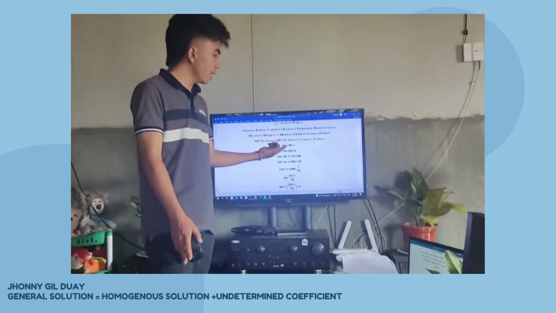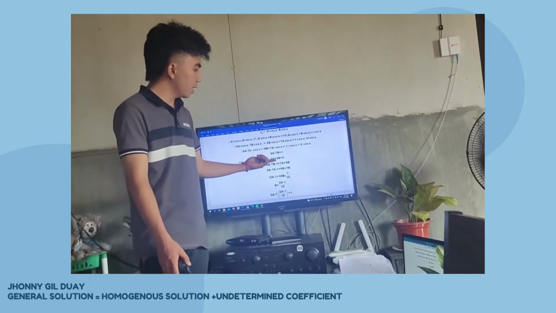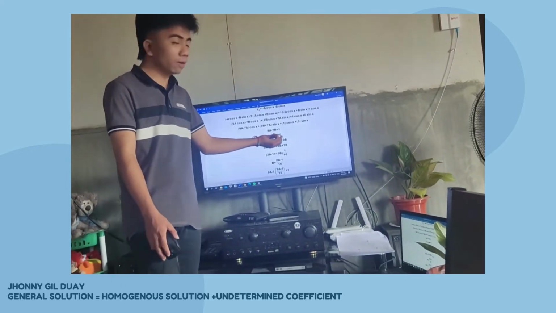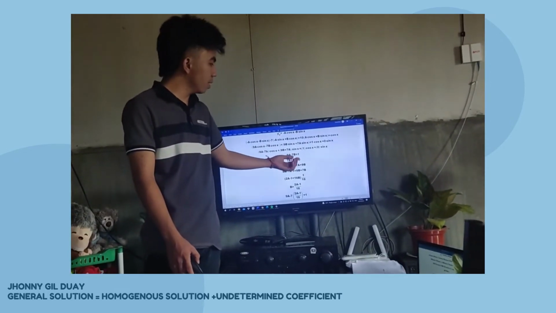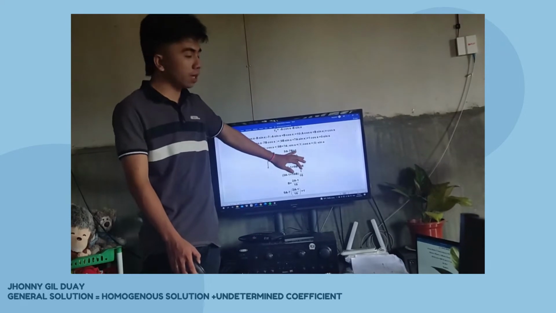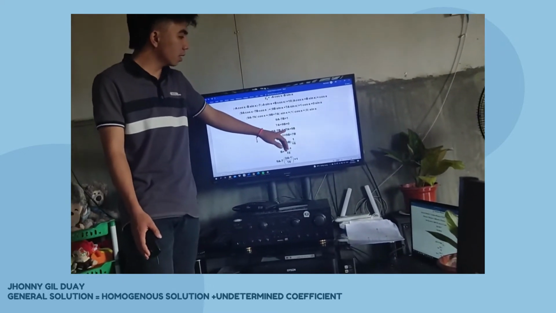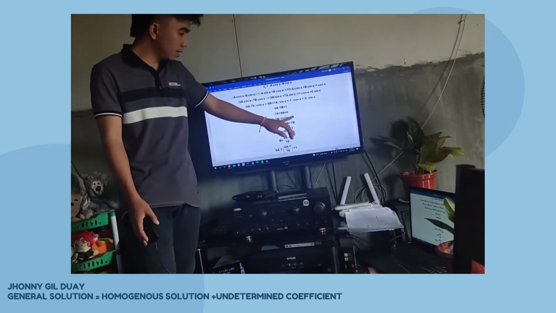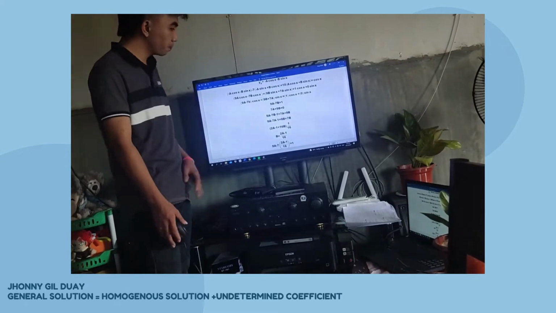It will be 9a minus 7b equals 1, for the cos x, and 7a plus 9b equals 0. By equating the equations, we'll have 9a minus 7b equals 1, so transfer it here, so it will become negative 1 equals, the 0 is 7a plus 9b, so we'll put 7a plus 9b here.